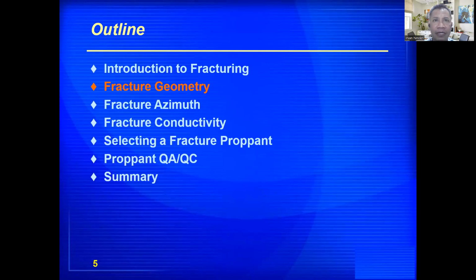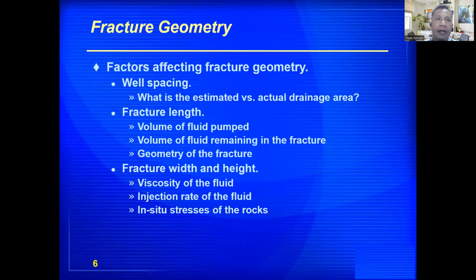Now let's talk a bit about fracture geometry. There are several factors that affect fracture geometry. Number one is well spacing. What is the estimated versus the actual drainage area? The worst thing that you could do, if you are in a 40-acre competitive lease, is to frac into a neighboring lease and drain that lease.